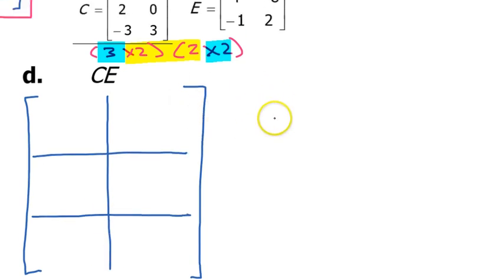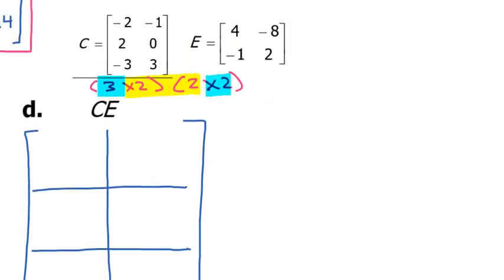All right, so we're all set. Now, as you've seen before, the rows will come from the first matrix, and the columns will come from the second matrix.